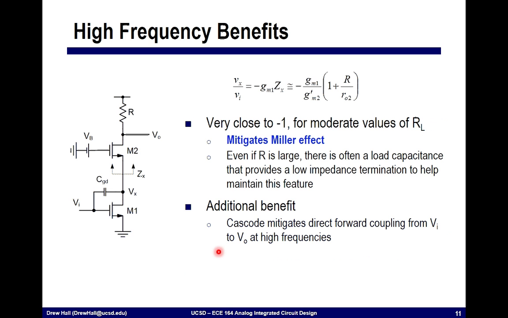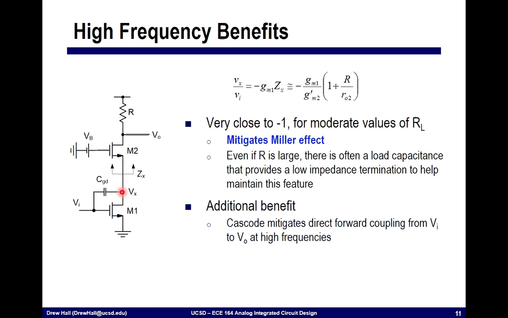This has some other very important benefits that are a little more subtle, and let's talk about a few of these now. When we had just the common source amplifier, we had CGD, and CGD was a bit of a problem child for us because it coupled the input node VI and the output node Vout.